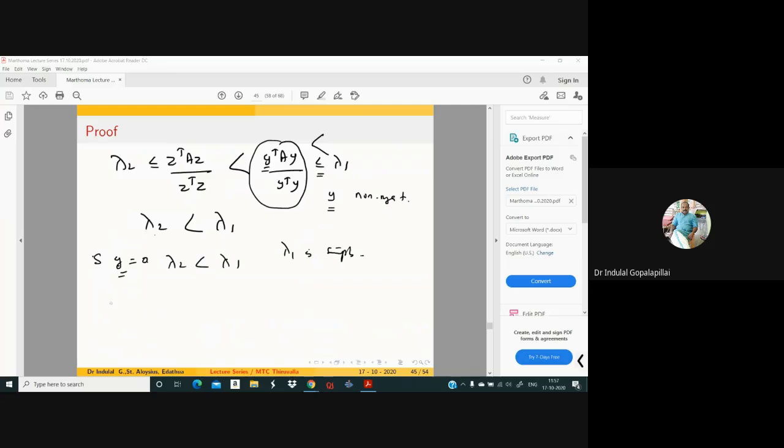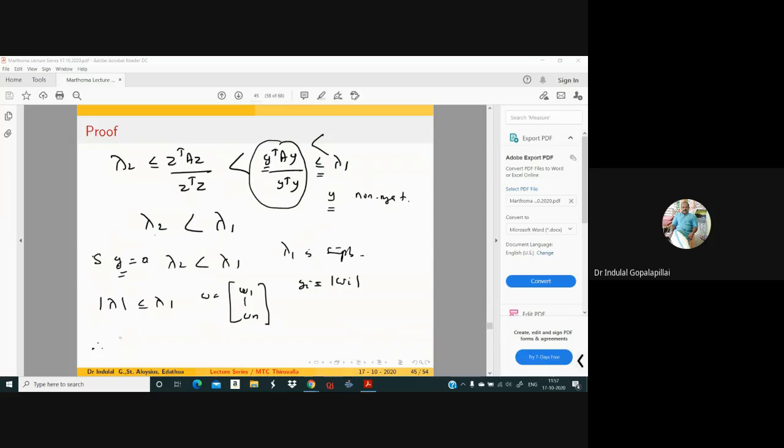And to prove the third part, for any eigenvalue lambda, the modulus of lambda is less than or equal to lambda 1. Let lambda be any other eigenvalue, and let W equal W1, W2, ..., Wn be an eigenvector. Let Yi equal the modulus of Wi.